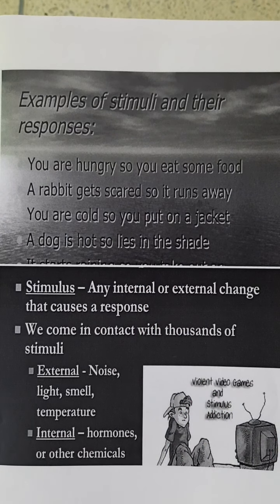In the response, what will you do? You will open the door of the fridge or the lid of the dish to take out the food and you eat it. That is your response. The hunger is the stimulus, and when you start eating, that is the response.